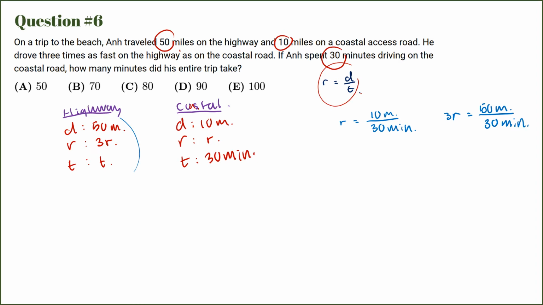Okay, so let's just simplify this to get 1 over 3 miles per minute. So 3R equals 1 mile per minute, and that equals, oh no, this wouldn't be 30 minutes, this would be T minutes, and that equals 50 over T. So T must equal 50.